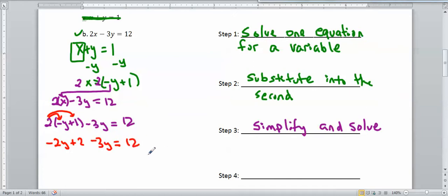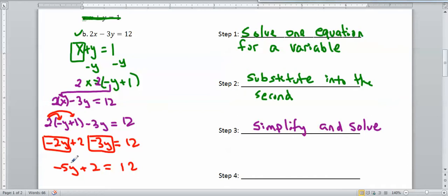All right, so simplify as much as you can. Negative 2y minus 3y is like terms, so I'm going to combine those. So I've got negative 5y plus 2. Okay, so negative 5y plus 2 is equal to 12.